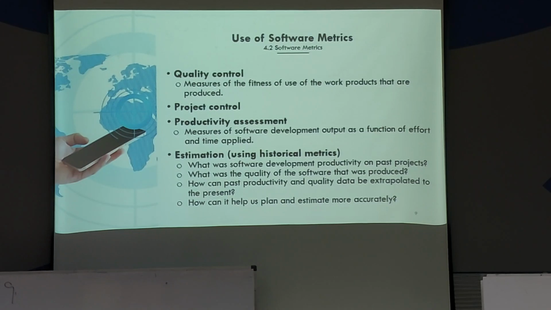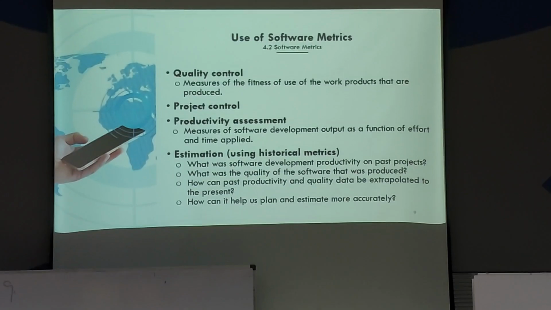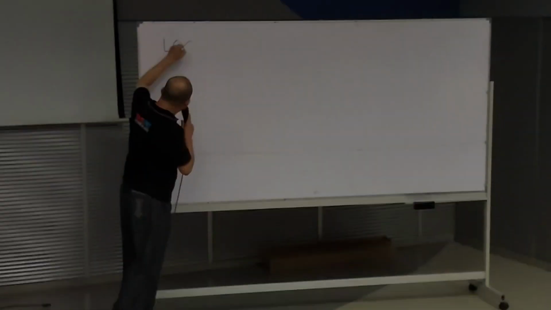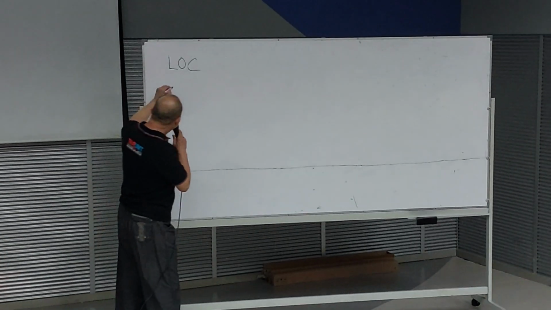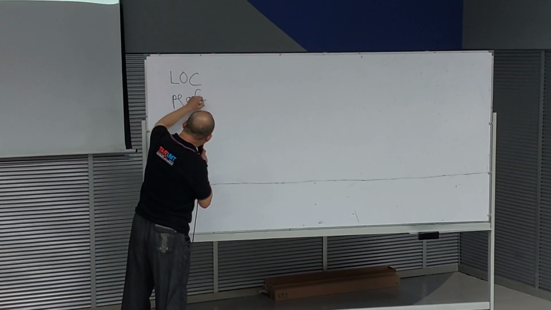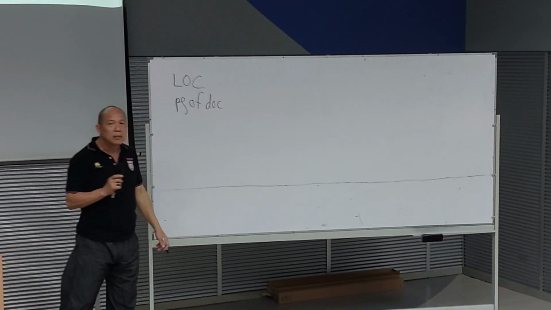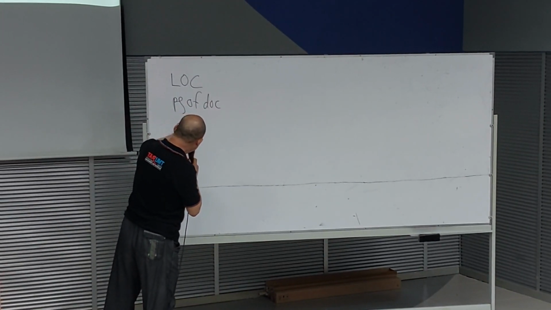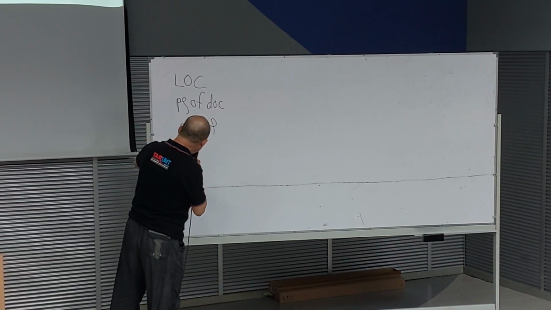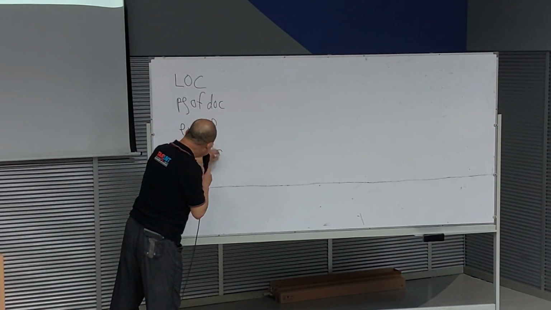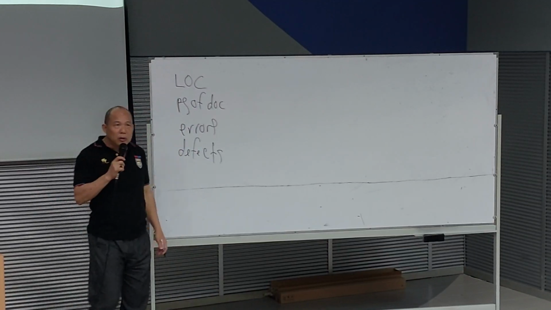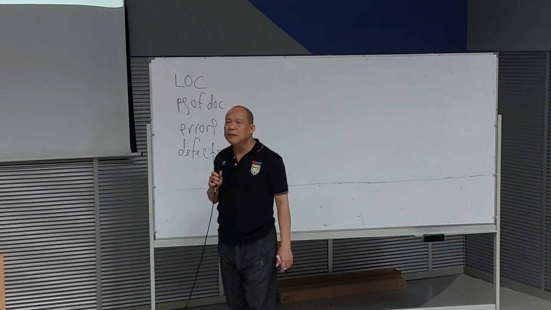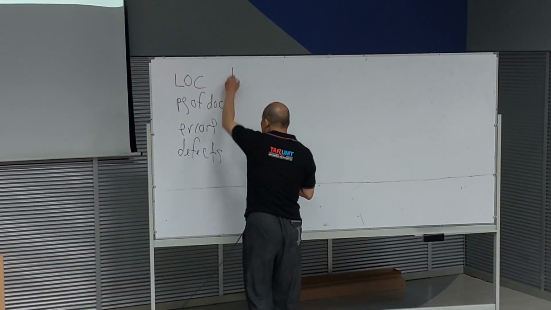For software, we can measure lines of code, pages of documentation, number of errors, and number of defects. These are some of the things that we can measure for software. So for human beings, what can we measure?